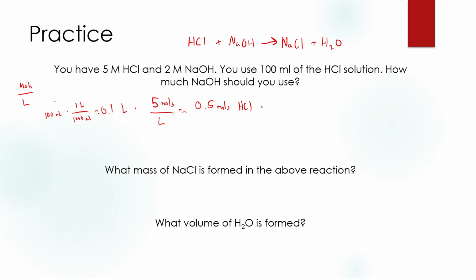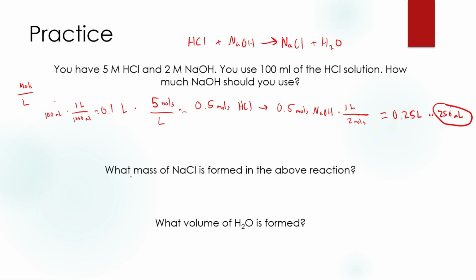So we need 0.5 moles of NaOH since they're reacting in a 1-to-1 ratio. And in this case, we know that we have a ratio of 1 liter per 2 moles. So these will cancel out and we'll get 0.25 liters or 250 milliliters.